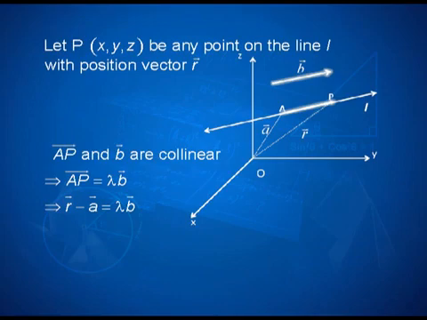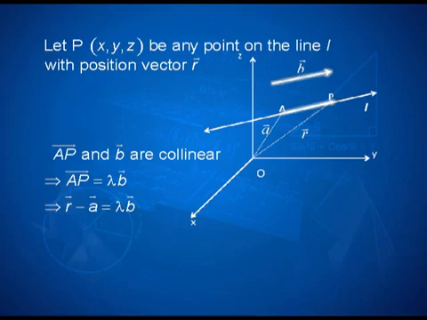If I look at this position of the points A and P, then the vector AP is collinear with the vector B, and vector algebra taught you that if vector AP and B are collinear, then one is a scalar multiple of the other.